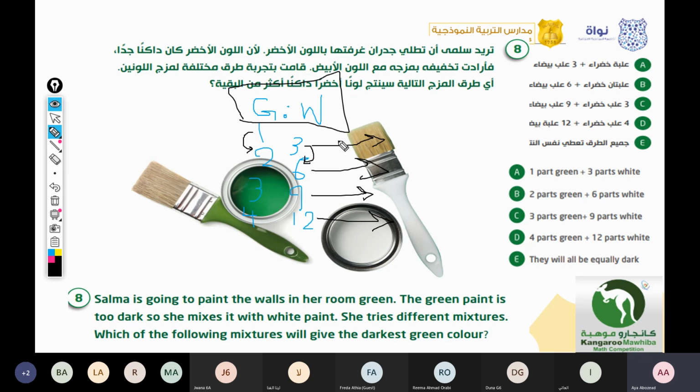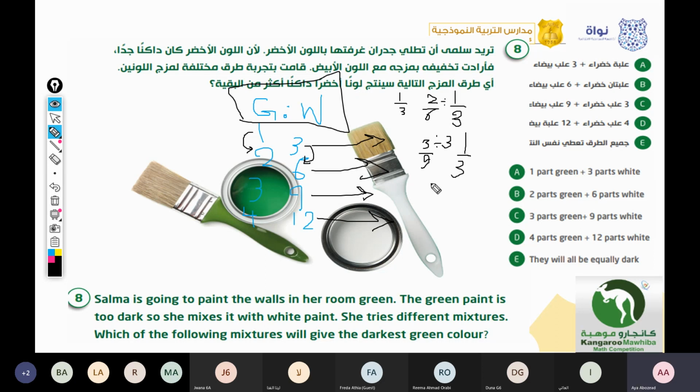But I have another way. You know how to simplify the fractions. So the ratio is the same as a fraction. You have 1/3. Another one will be 2/6. If you divide up and down by 2, you will get the same answer, 1/3. Another one, 3/9. If you simplify up and down, divide by 3, you will get 1/3.